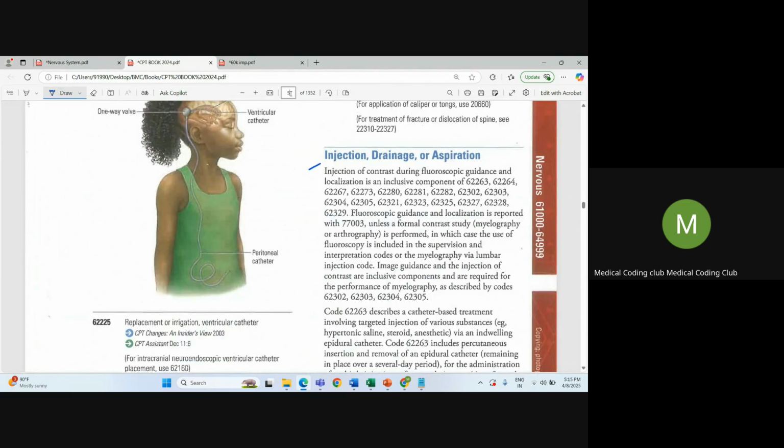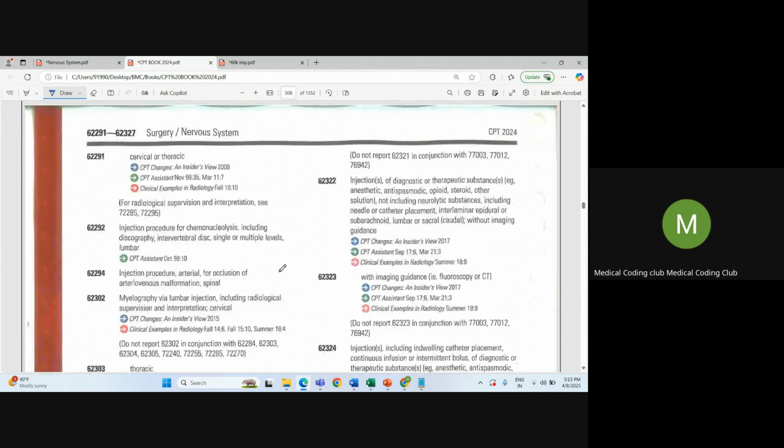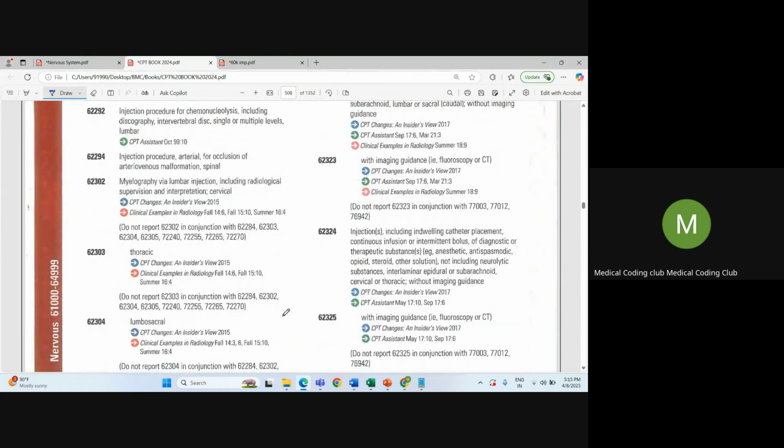Okay, under that you have to check the first type of injections, which are paravertebral injections. Here we have two separate code sets. One is with a single injection, that means single level of injection. They'll directly inject on L3, L4 or L5 or maybe S1, S2. Likewise, one segment will be given.